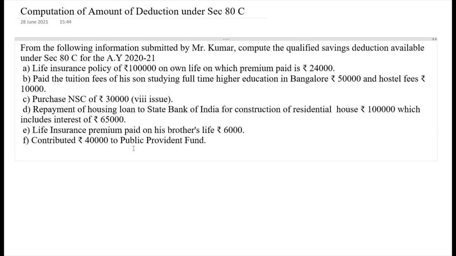Purchase of NSC qualifies for deduction under section 80C. Repayment of housing loan, only the principal part 35,000 is qualifying, whereas the interest 65,000 will not be qualifying here. Then insurance premium paid on brother's life does not qualify. Then contribution to PPF qualifies for deduction under section 80C.